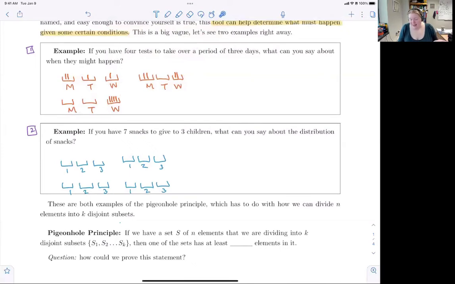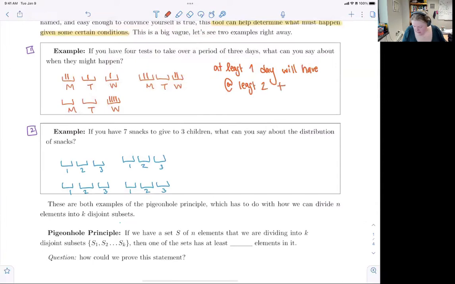I don't have 2 tests on that particular day, but we're dancing around what we can actually say, which is that at least one day will have at least 2 tests. And if you think it through, yeah, that feels right. If I have 4 tests and 3 days, one of them is going to get that last one.